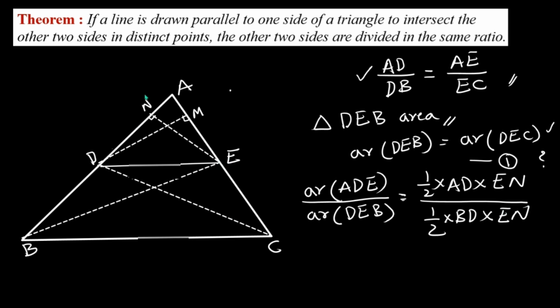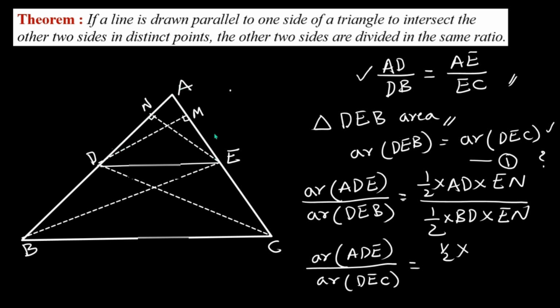Similarly, I do the other side triangle: area of ADE divided by area of BEC. I'm using this triangle now for the ratios.